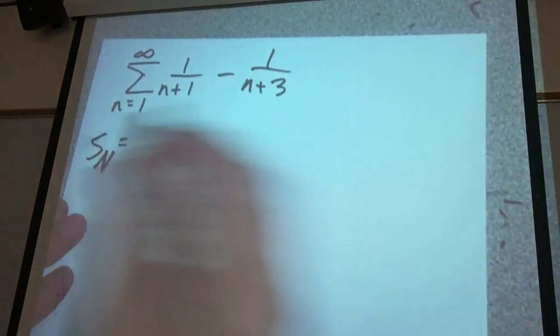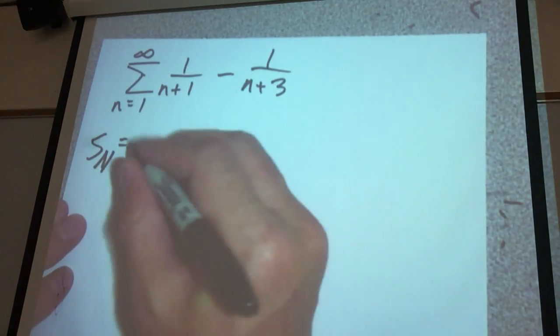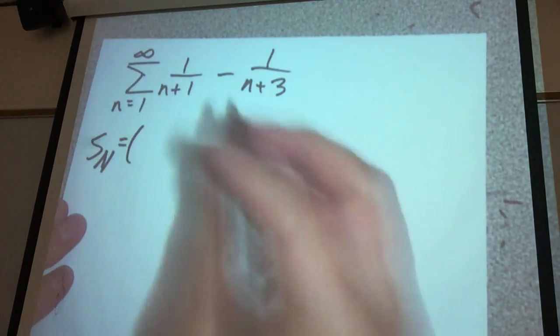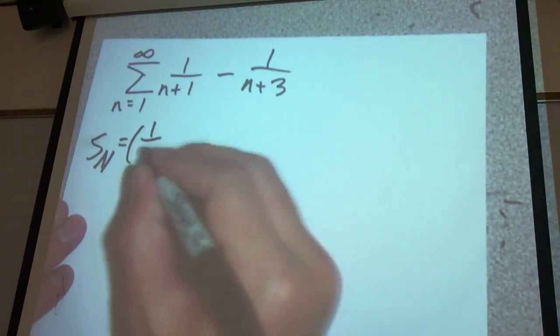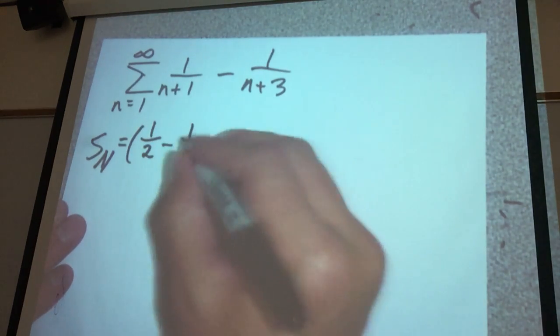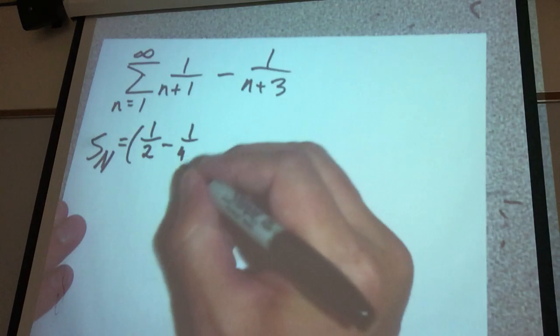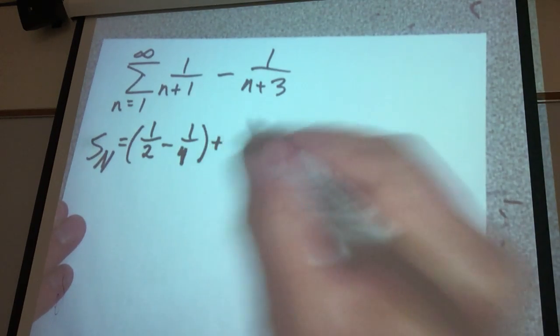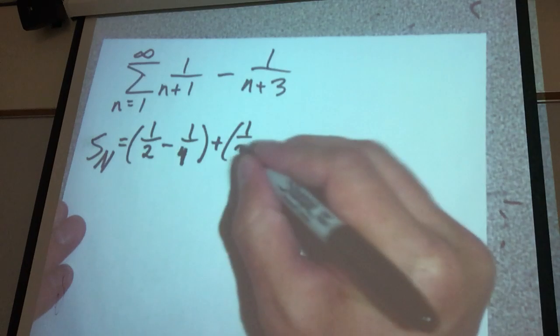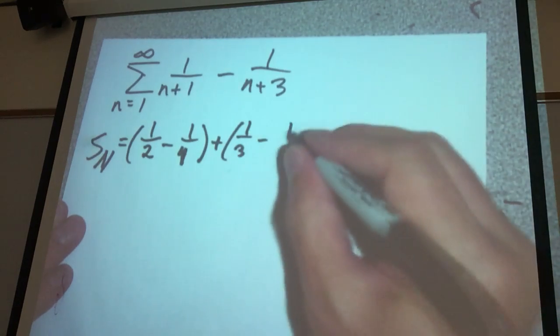So if I begin with n equals 1, that would be 1 divided by 2 minus 1 divided by 4. And then plus 1 divided by 3 minus 1 divided by 5.